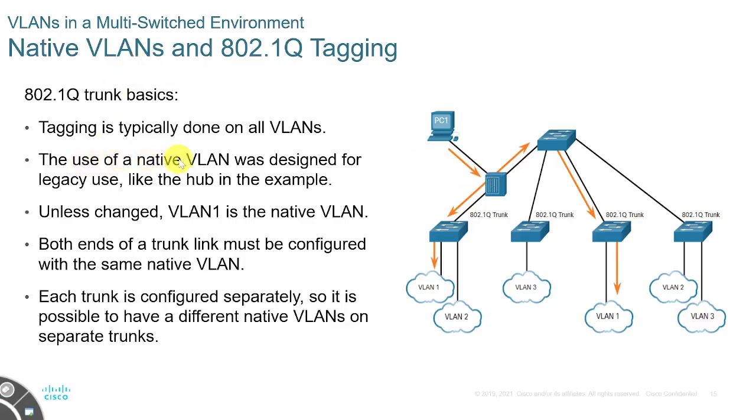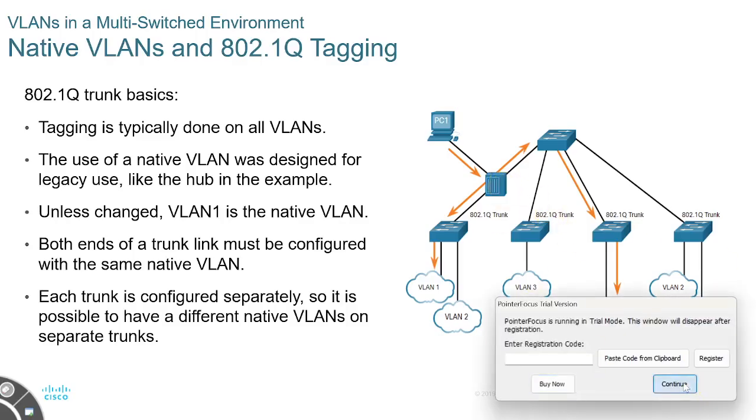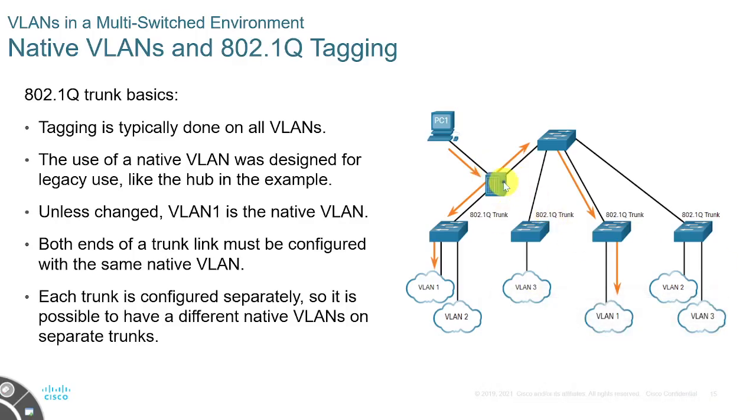The native VLAN was designed for legacy use, like the hub in the example here. So we use the native VLAN in order to use the hub, and remember, native is to carry traffic without tagging.